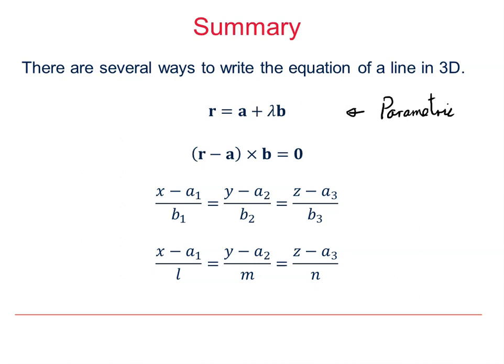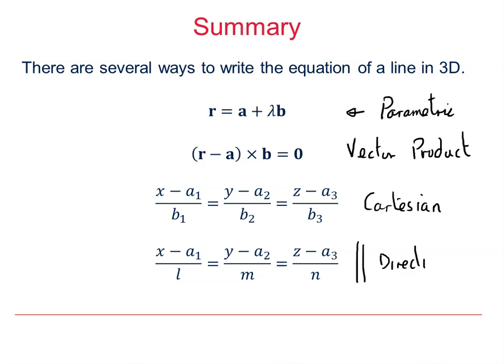The one that we've just looked at, which is the vector product form, the Cartesian form, and then there's one other which uses something called the direction cosines, and that we will look at in the next video. So direction cosines.